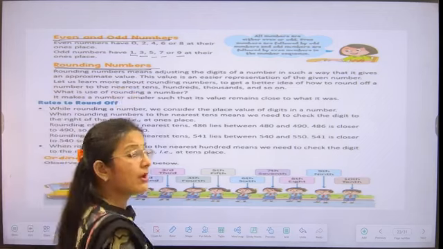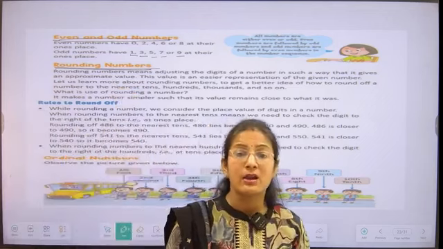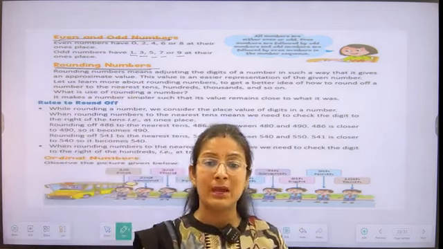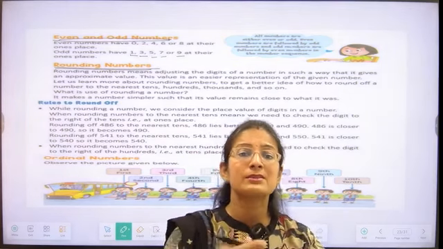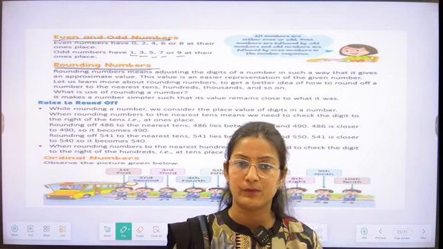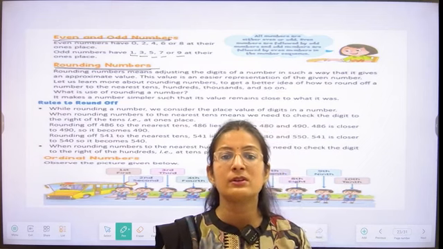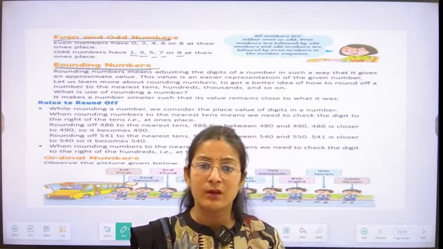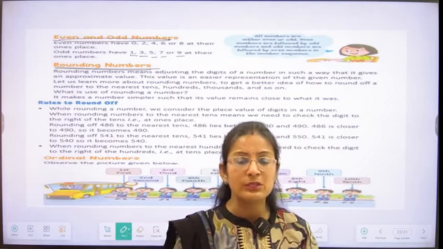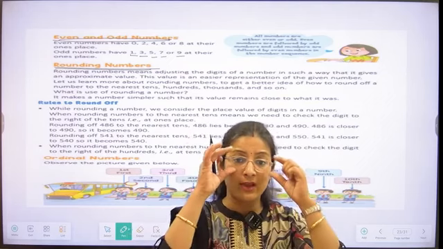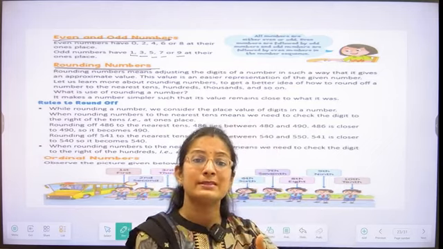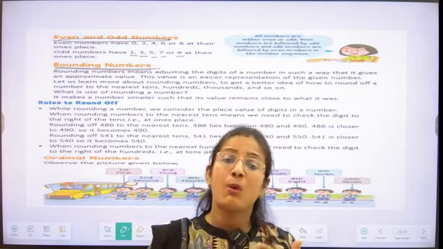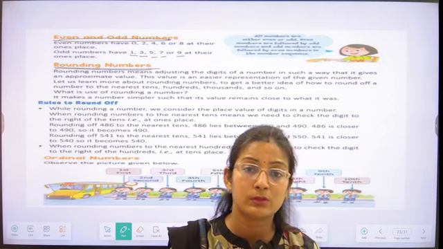Whenever we are going to find the rounding of any number, we are finding its approximate value. So for finding the rounding number, what are we going to do? If we are rounding the number to the nearest tens, we check its ones place value.